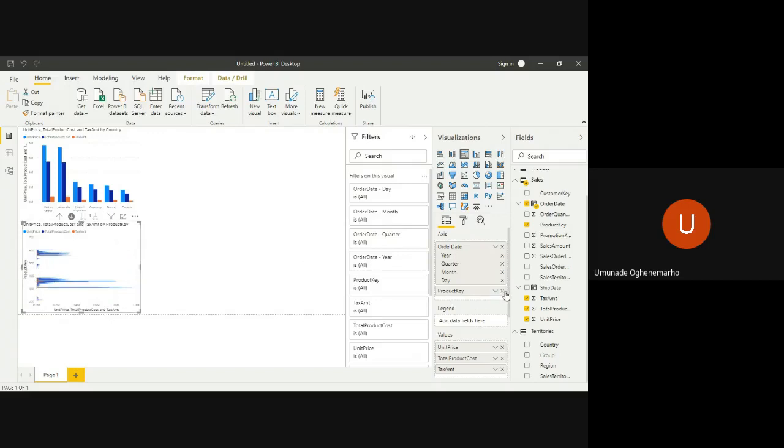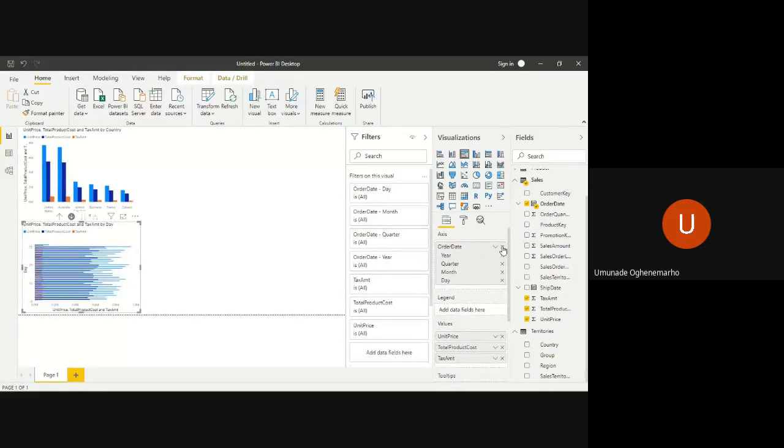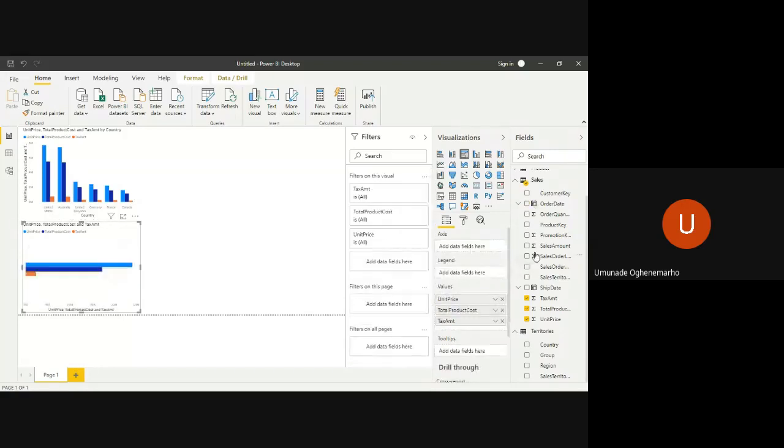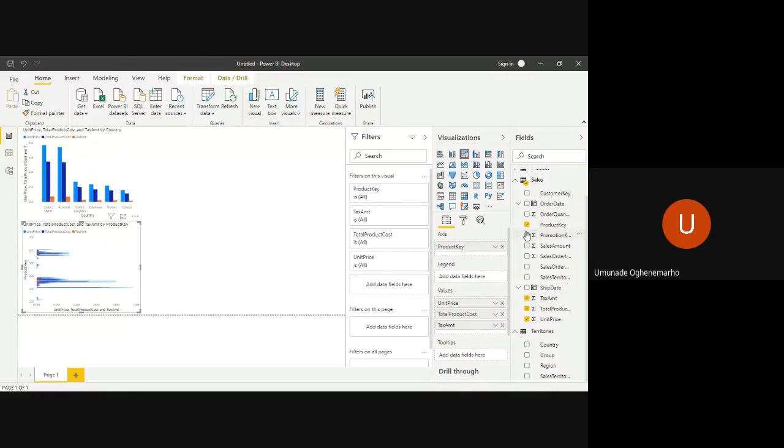So remember when I was saying if you have multiple values in your axis. So let me remove this and put product key, also put promotion key.